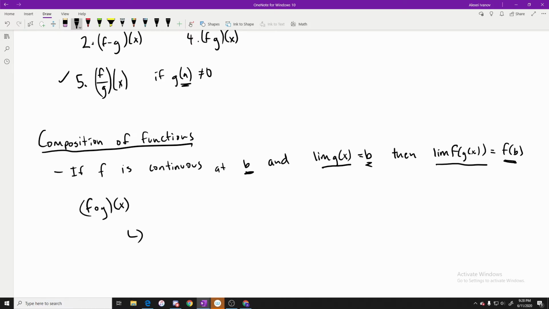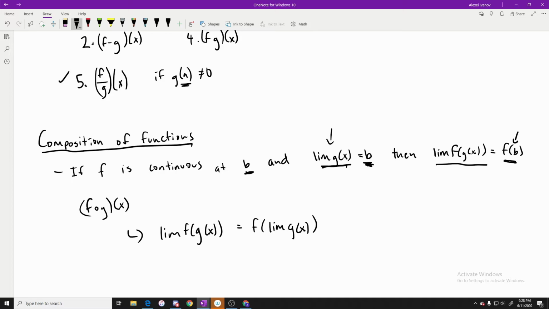Basically, if we want to translate that, we can say that the limit of f of g of x is equal to f of the limit of g of x, because we said that b is equal to the limit of g of x. So if we just take this b value and change it to be the limit of g of x, we get this little formula right here.